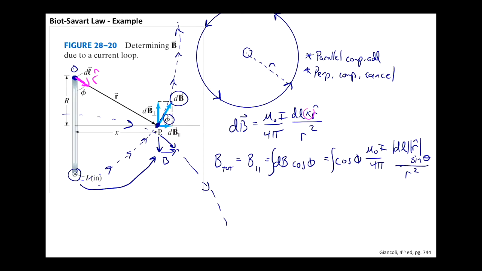Okay? Let me go back to my notes here. So this is 90 degrees, which means that whole thing is just going to give me 1. What's the magnitude of r hat? That's just 1. Okay? So you can see that this complicated thing very quickly starts to turn into something we can do something with. A lot of stuff is just going to be 1 or 0 hiding inside there. What all do we have that's constant? What can we take out of here?